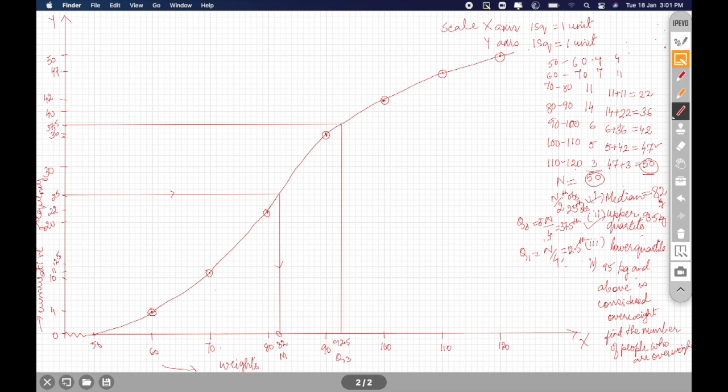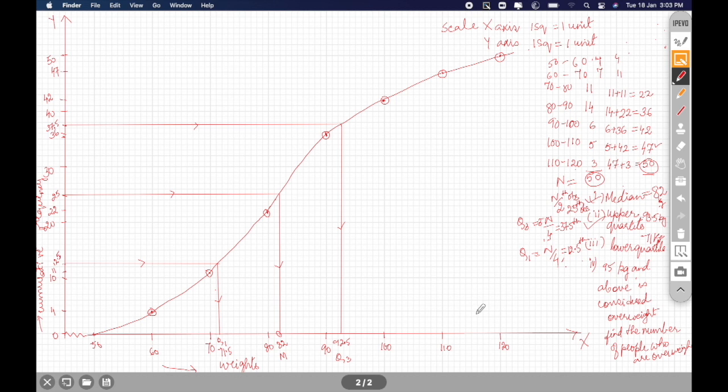So using a ruler again in the same manner, we have to draw a line parallel to the x-axis touching the ogive at a point, and then from this point on the ogive we will drop a perpendicular to the x-axis, and it is 71.5 kgs.